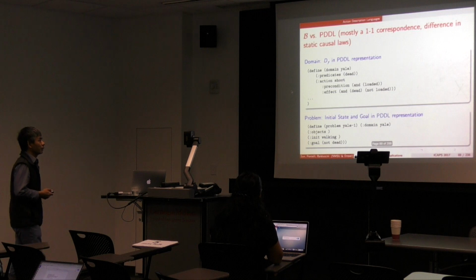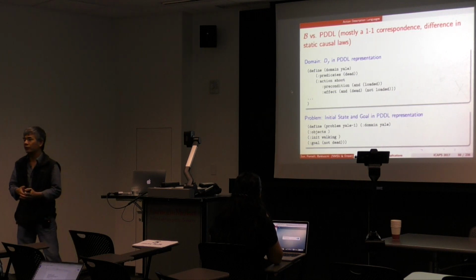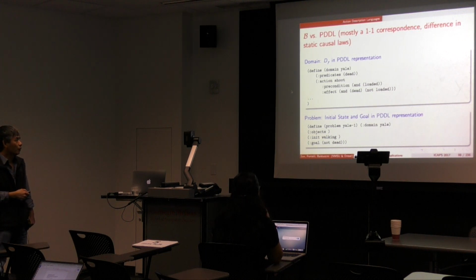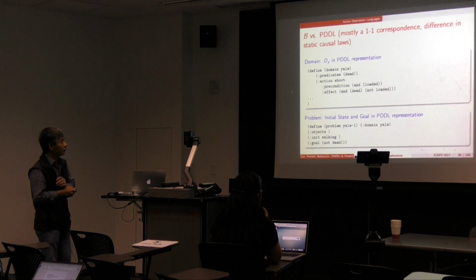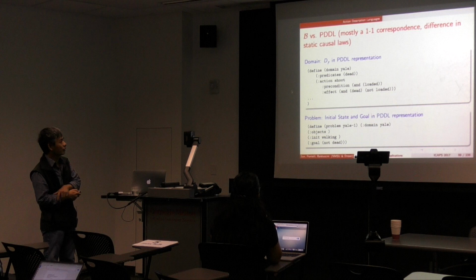Action language B and PDDL are very closely related, so we can represent most of the elements of B in PDDL. There is mostly a one-to-one correspondence, like conditional effects and executable conditions. The only thing that is not is the static causal law. I'll talk a little bit more about that.